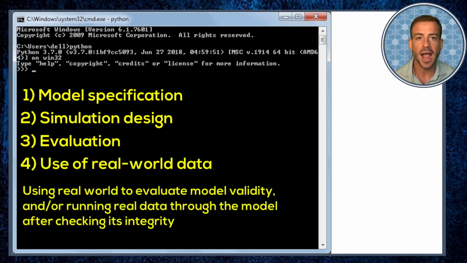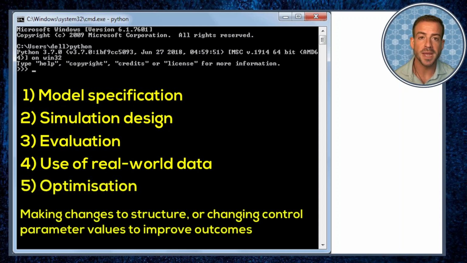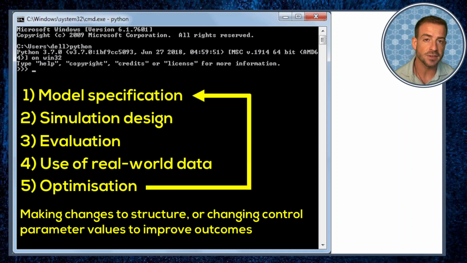We could also consider how to use real-world data to evaluate our model's validity and/or to run real data through the model itself after checking its integrity. We then move on to optimization, which may involve making changes to parameters that are in our control in order to improve outcomes. You may also be making changes to the underlying structure, which in effect makes this loop right back round to the beginning again.